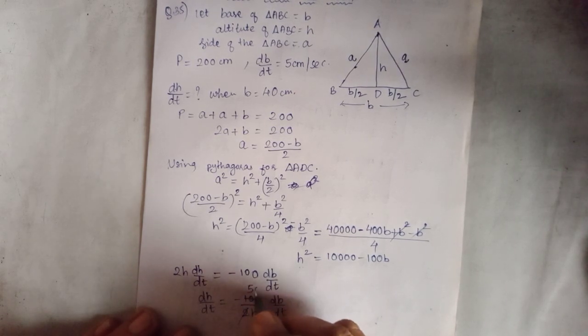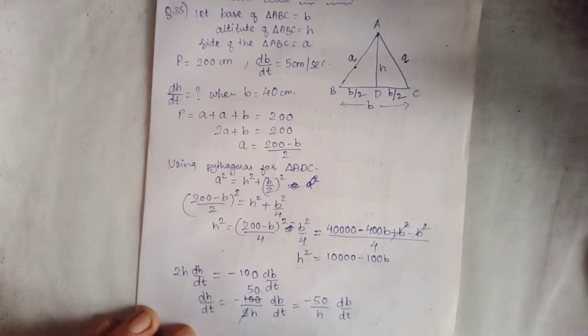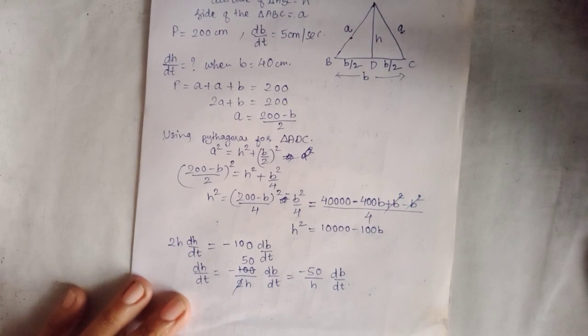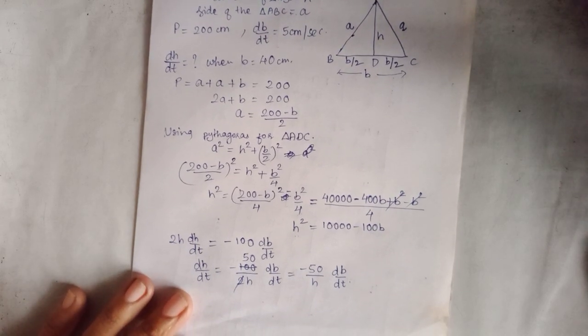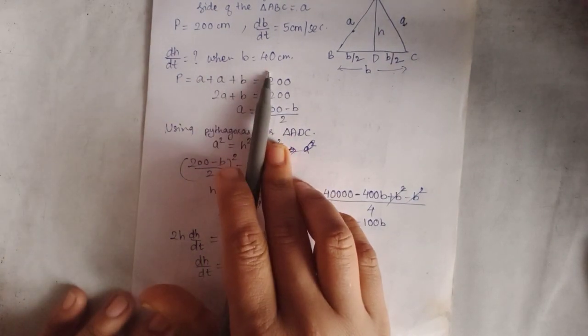So this is minus 50 upon h dB by dt. Now we have to make use of the information which is given. So we are given b equal to 40 centimeter.